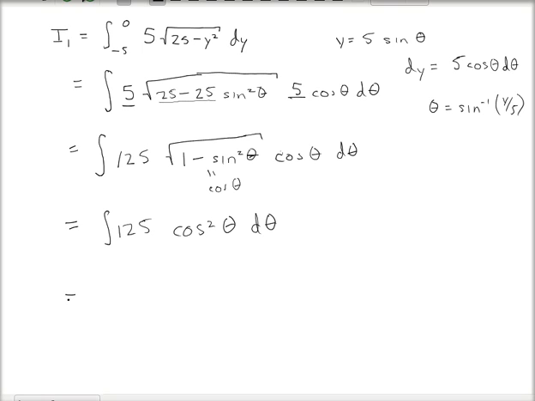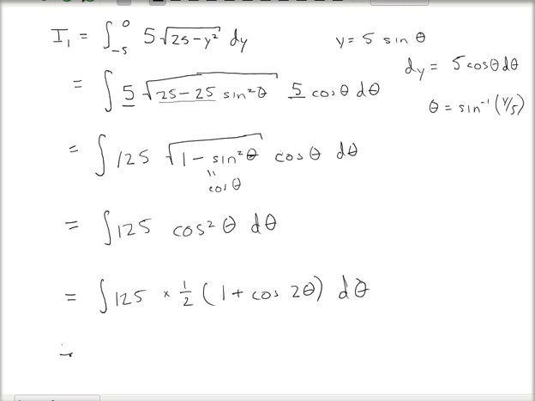Now I'm going to use the half angle formula to change that cosine squared. It's going to become 1/2 times 1 plus cosine 2 theta d theta.